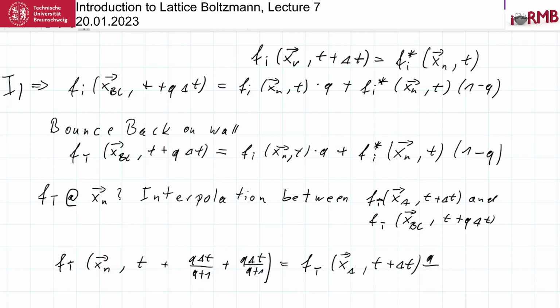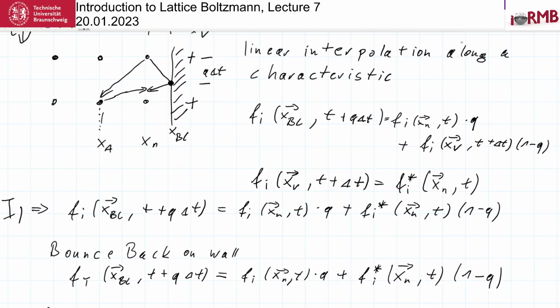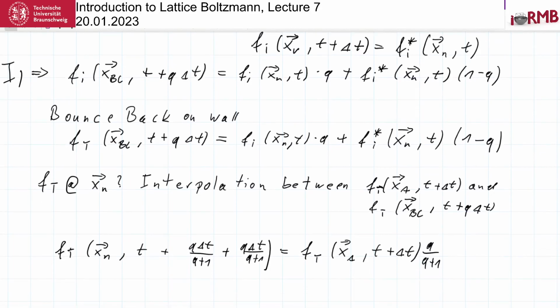This goes to q plus 1, because now the entire distance covered, because this distance here is delta x and the other one is q, right? So this is q plus 1, and this comes plus fi at the boundary that we just computed, t plus q delta t.